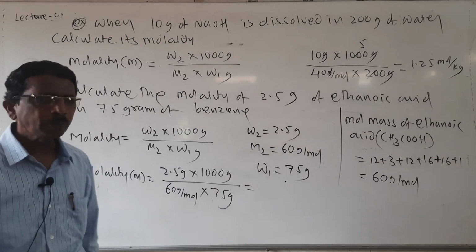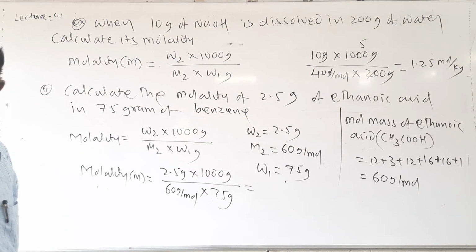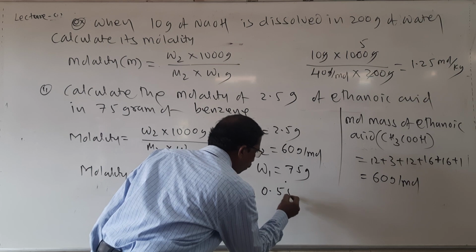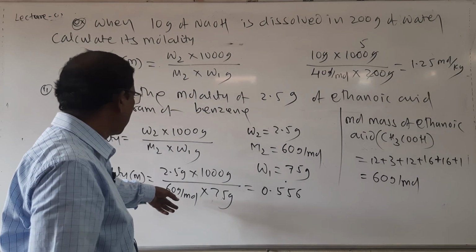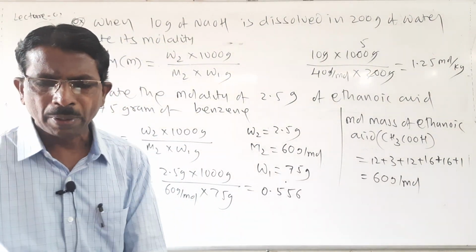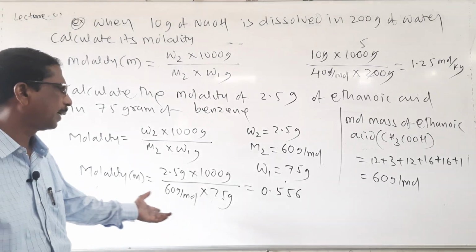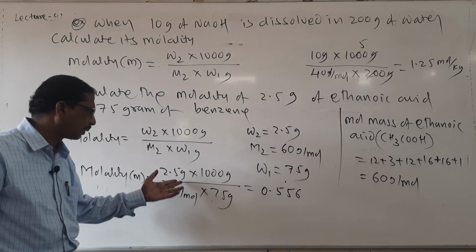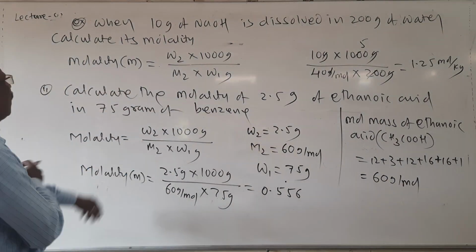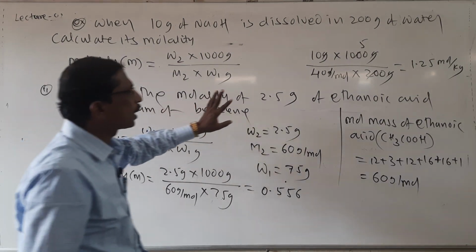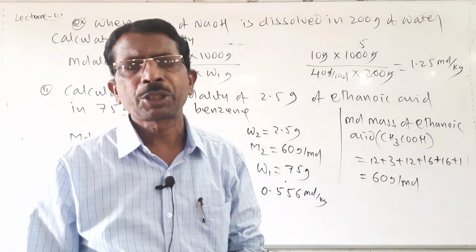When the values are substituted, you will get 0.556. Grams cancel, and you may write the unit as mole per kg. The unit is compulsory.